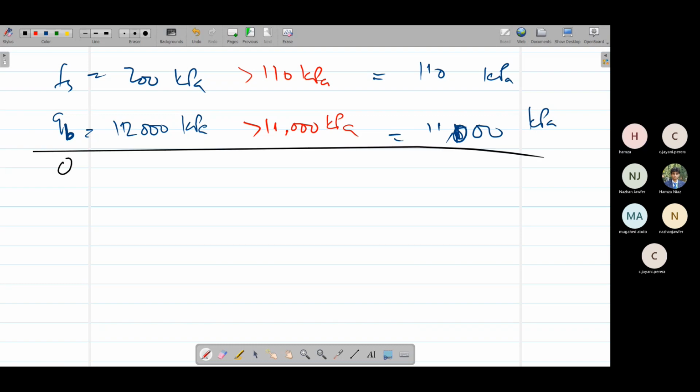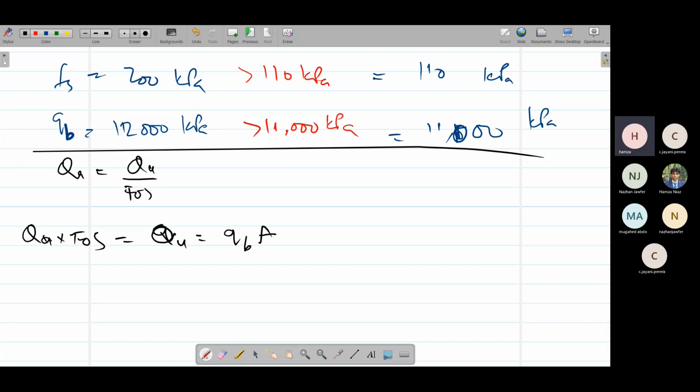After limiting, we do the same thing. We know Q allowable is equal to Q ultimate over factor of safety. So Q allowable times factor of safety is equal to Q ultimate, that is equal to QB times A_B plus Fs times A_S.